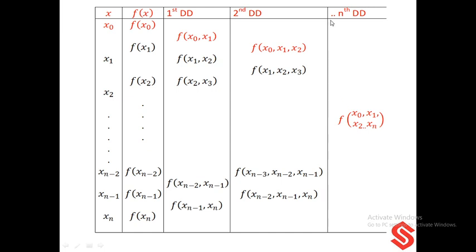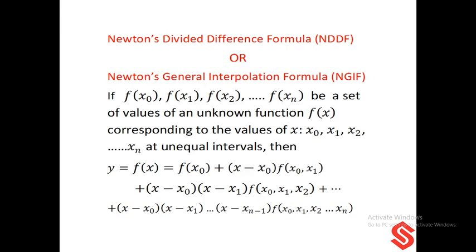Similarly, we get the higher orders like third, fourth, etc. In general, the nth order divided difference is given by f(x0, x1, x2, etc., xn). Now we have the first formula, that is Newton's divided difference formula, or Newton's general interpolation formula.